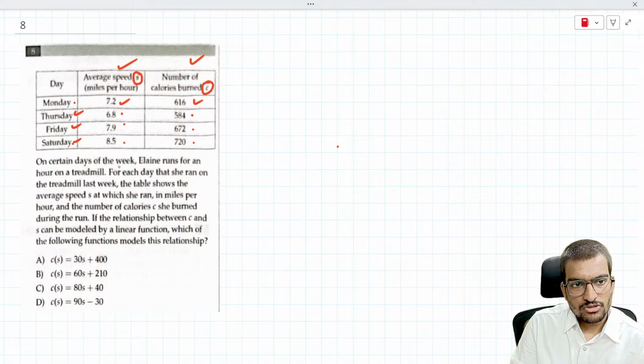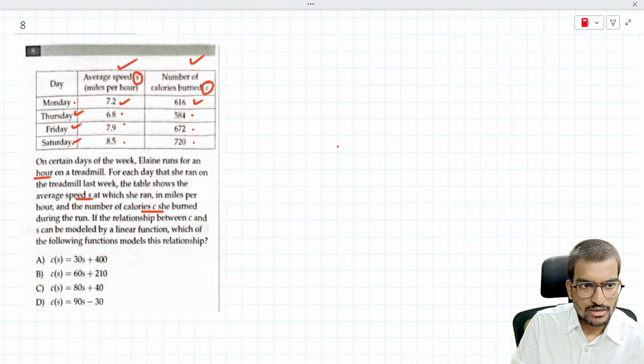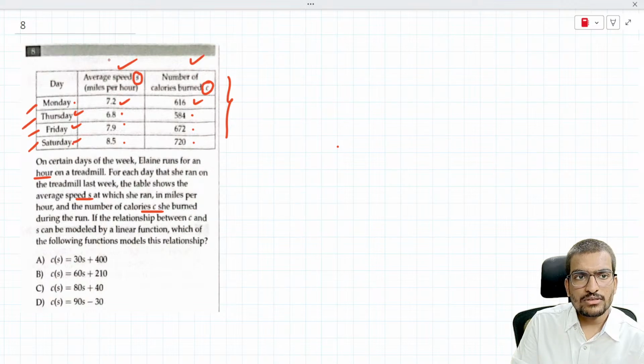On certain days of the week, a person runs for an hour on a treadmill. For each day that she ran on the treadmill last week, the table shows the average speed S at which she ran in miles per hour and the number of calories C she burned during the run. So last week she ran on certain days, and for this much speed, she burned this much calories.